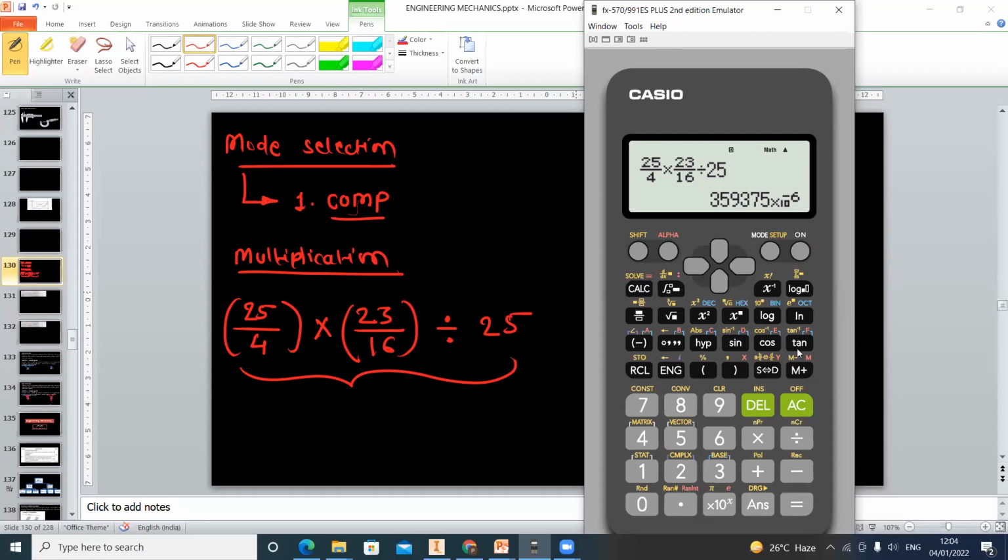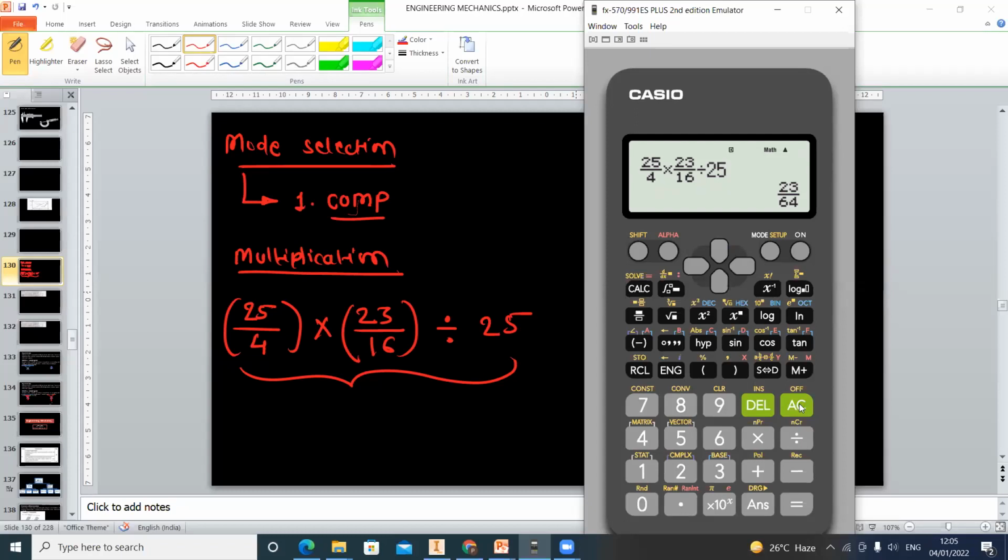So if you want to erase this, then you can press this AC. When you press the AC button, you can see the previous calculation just by this previous arrow, or up arrow. So you can see this original equation.